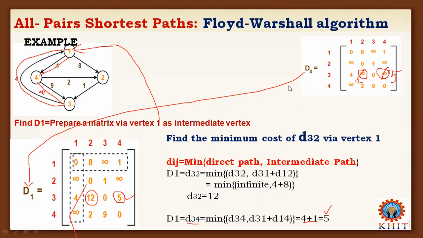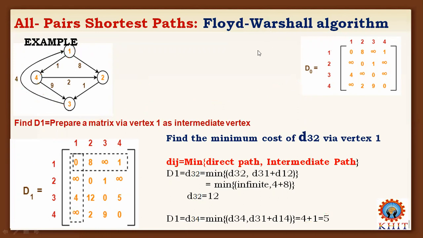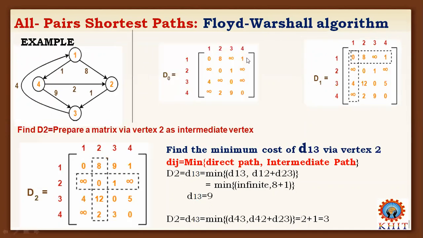Okay, friends, now we will discuss how to find D2. Now, this is the initial matrix we have drawn from the given graph, and D1 we have generated through intermediate vertex 1.